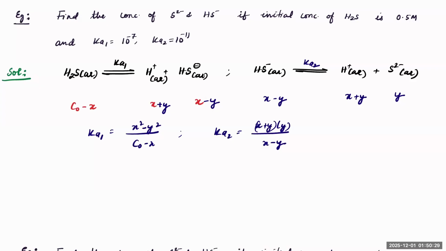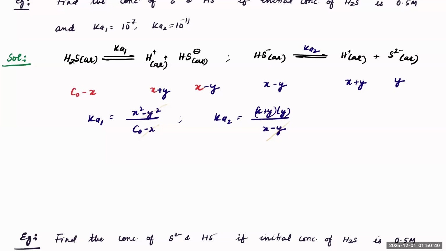Now try to ignore whatever things can be comfortably ignored. So first one, Y square here, X here, Y here and Y here. As we ignore that, what are the values we can get? So we will get Ka1 is equal to X square by C naught.